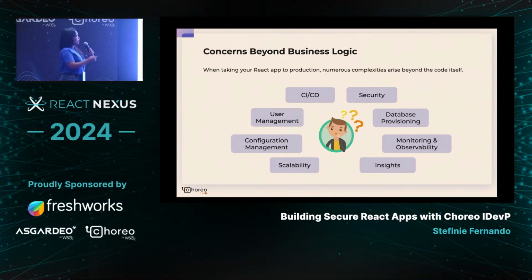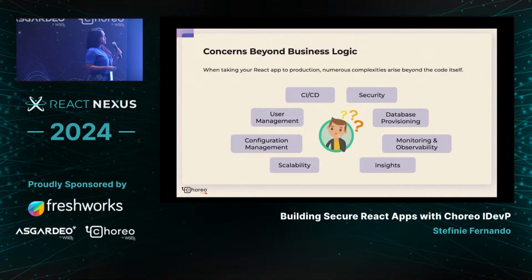If I want to have a CI/CD pipeline for my application, I'll evaluate a few different tools and choose the best tool that suits my use case. Similarly, if I want to enable monitoring and observability, I'll do the same, and it goes on like that. But wouldn't it be much easier if you have all these things that you need to take your application to production under one platform?